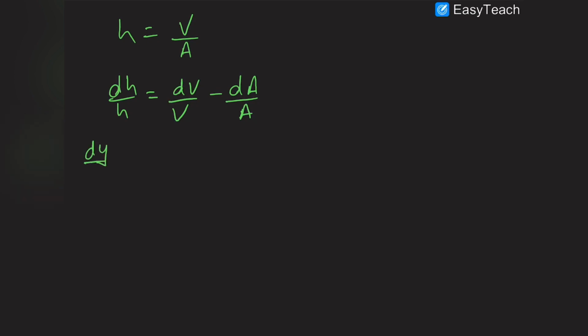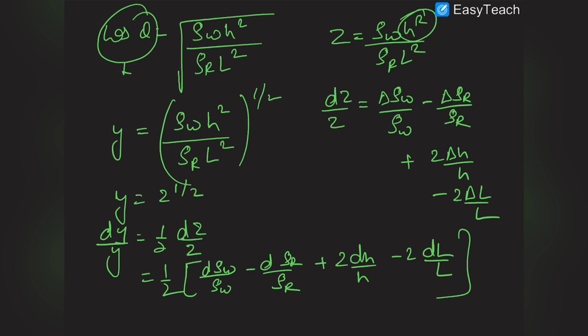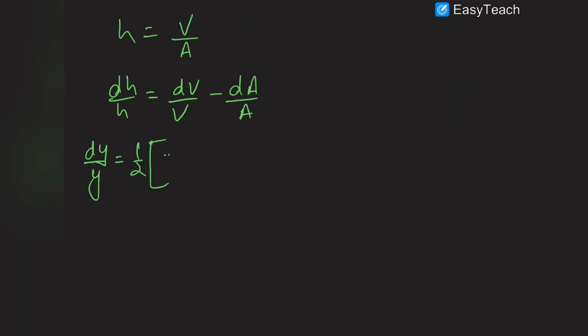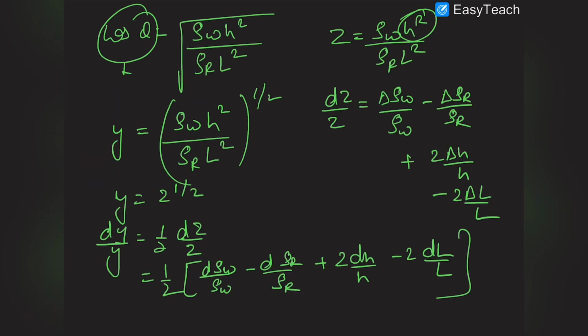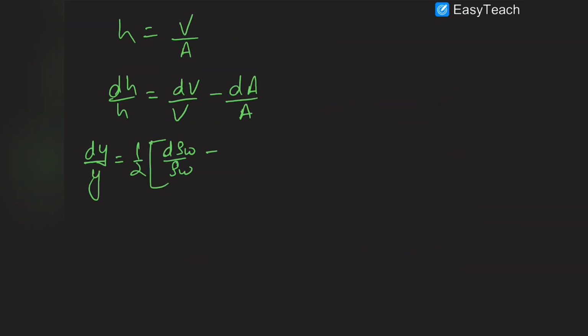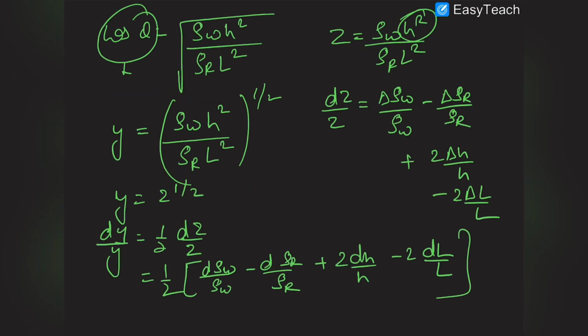So dy by y will be equal to 1 by 2 of d rho w by rho w minus d rho of rod by rho of rod, plus 2 dv by v minus dA by A, and minus 2 dl by L.